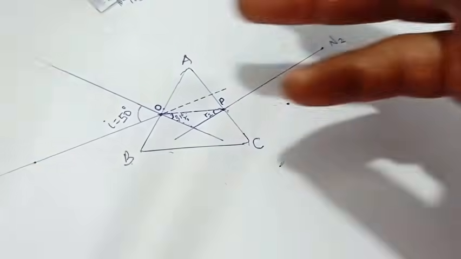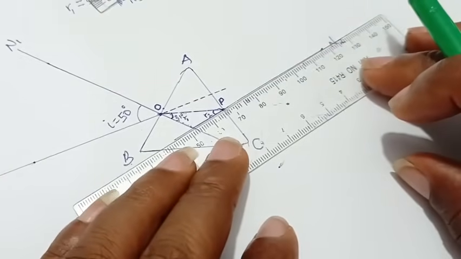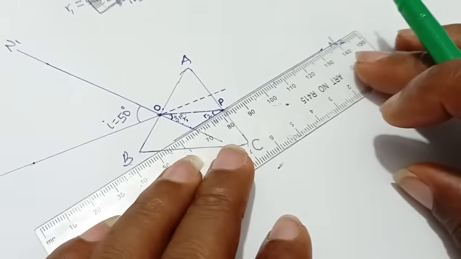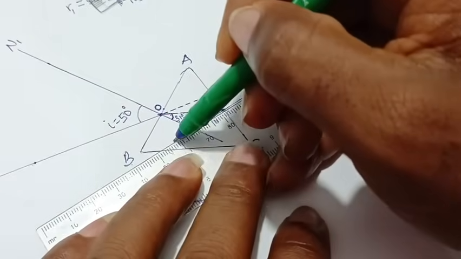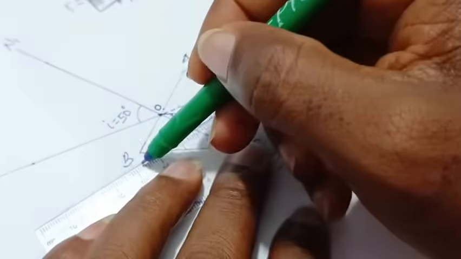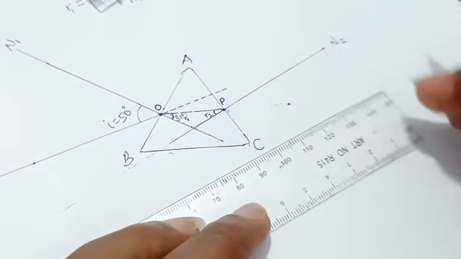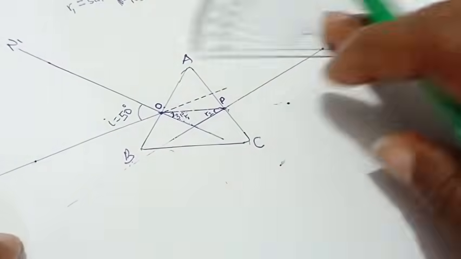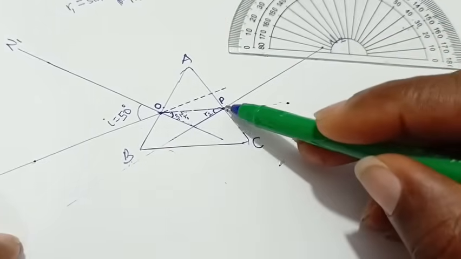Let me extend this normal because I need to see where it will come out from my protractor whenever I am doing the measurement. You are using pencil to do this. All these extra lines you produce out, you have to wipe off. There is a reason why I needed to extend it. So I'll place the midpoint of the protractor here.